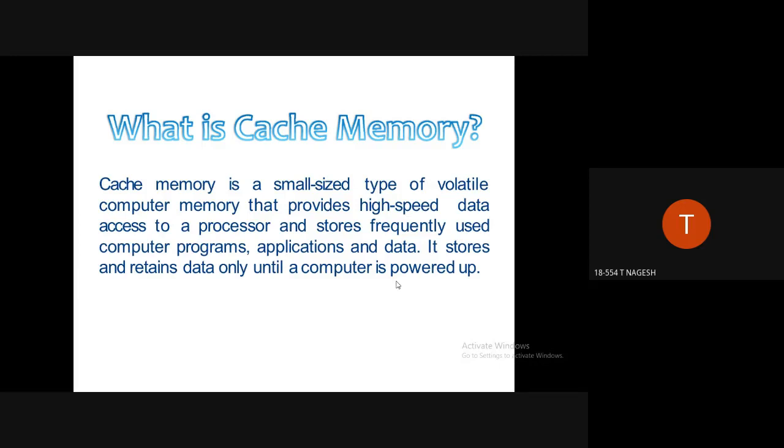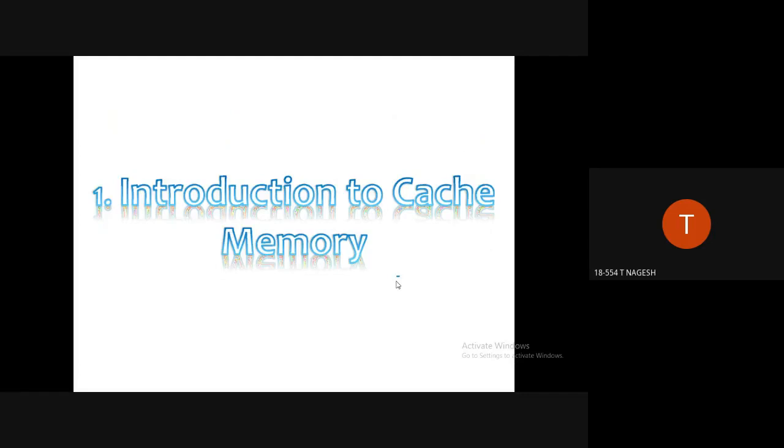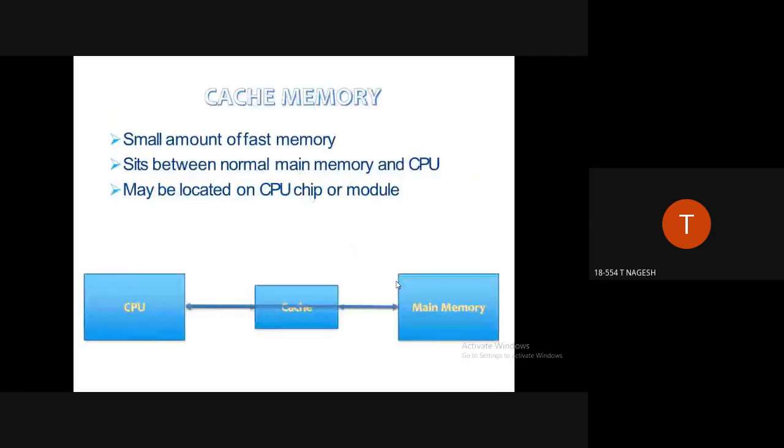When the system is powered off, the data inside the cache memory gets removed. It stores a small amount of data which is very fast to access, and it is placed between the CPU and main memory, acting as an intermediary between the processor and main memory.